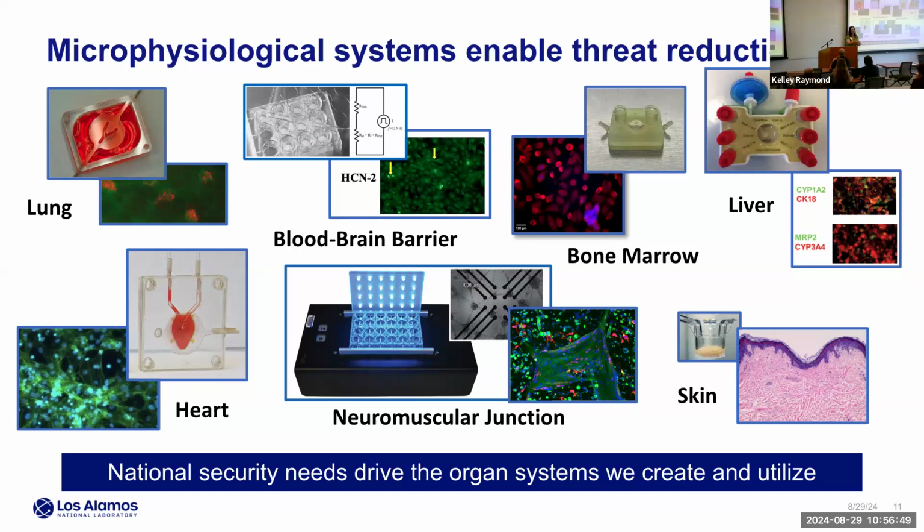Now that we are in a more modern era where every university has different microphysiological systems that they're developing, we're doing less and less of the development because that's not what's needed. What's really needed is to utilize that national security driver and figure out, okay, so what do we do with this? How do we help solve national security challenges?